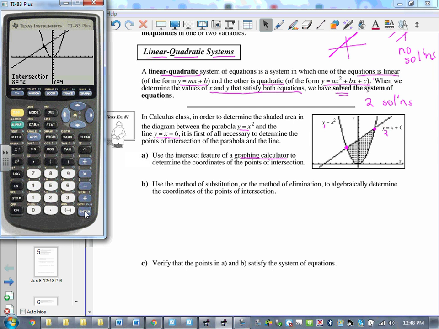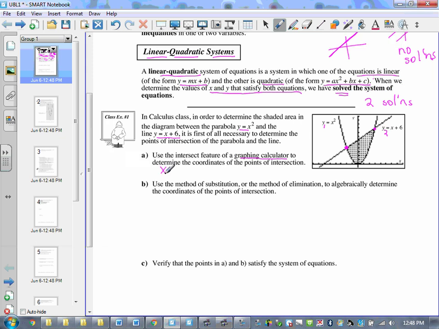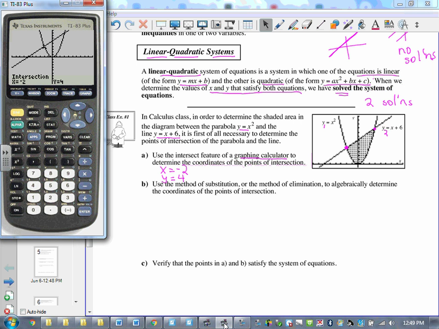So our first solution is x is -2 and y is 4. So we need to do that again with the second one. I'm going to get you kids to do the second one on your calculators, following the same steps.